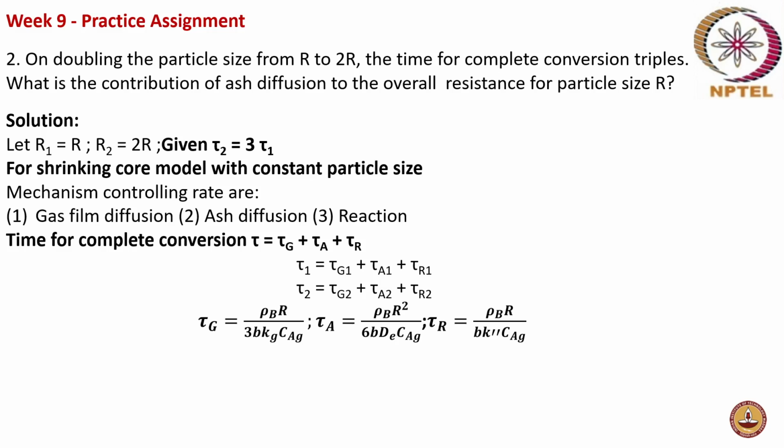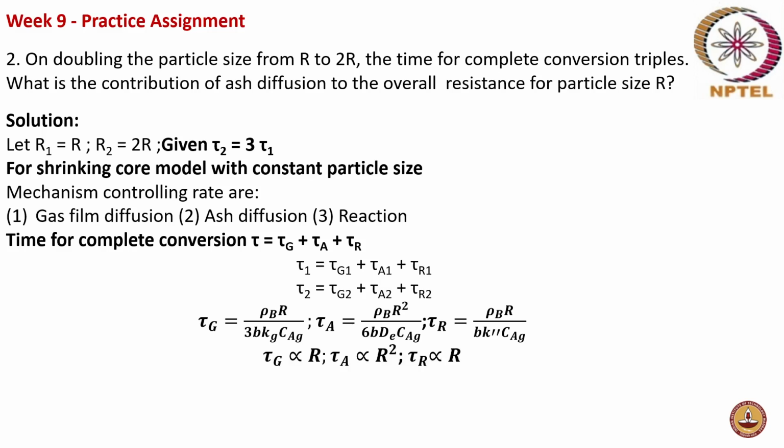Of these, we only have information on the complete conversion time of the two particles and also the radius of the two particles, where the radius R2 is twice that of R1.